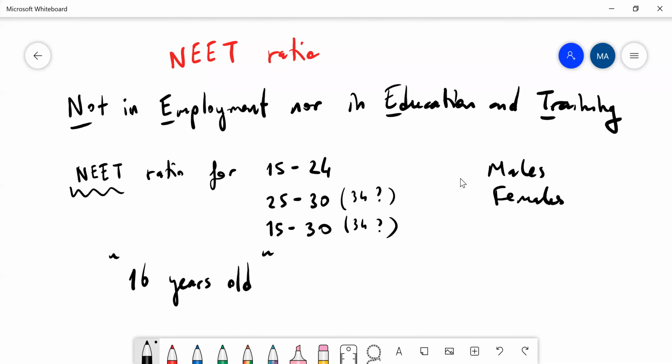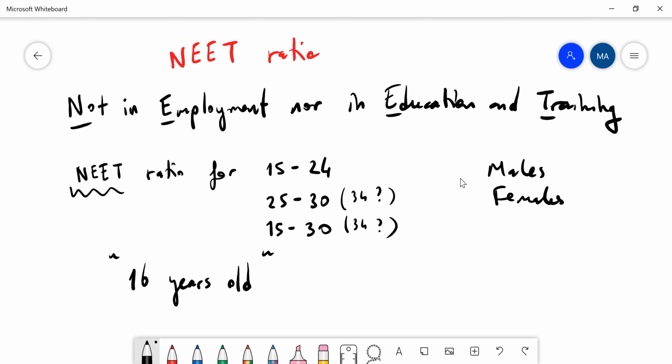Right? Ideally, you should be in school, but suppose that you tried high school and you dropped out from high school. Now you are at 16, and what exactly are you doing? Okay, that's a very important question, because this is a waste of resources for an economy.